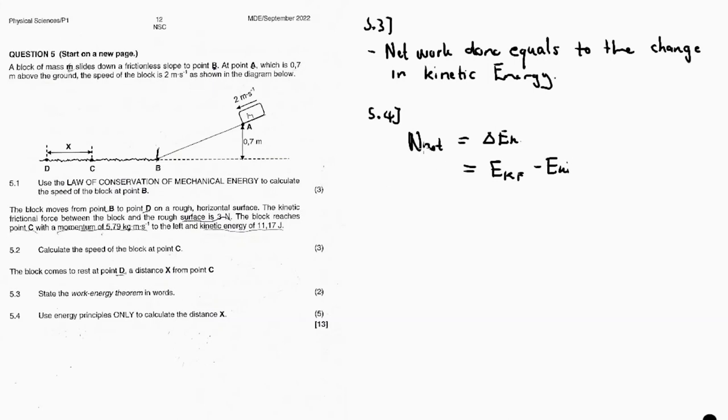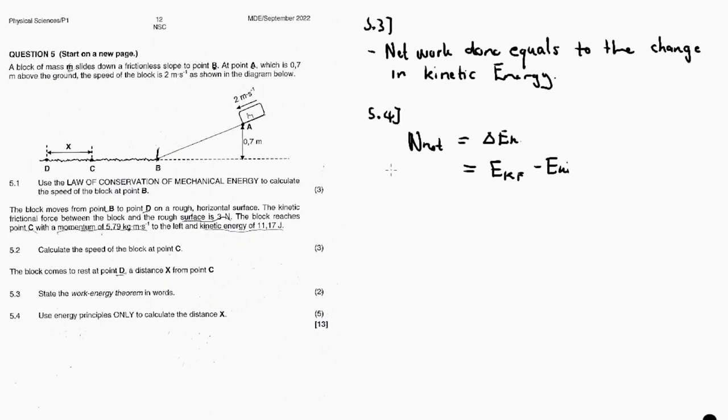So the work done, there's only one force at play, which is the frictional force, the 3 Newton. So the work is only done by frictional force. That's why the block when it gets to D stops, because you lose energy due to the frictional force, right? And it's acting in the opposite direction.